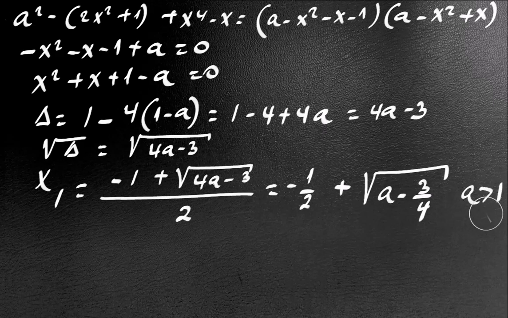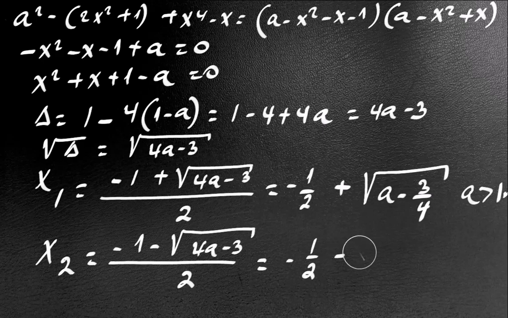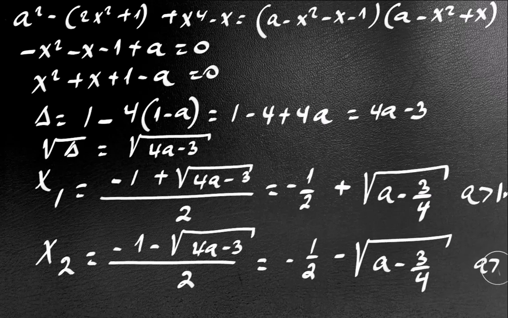Okay, a greater than 1. So for the second one, we will get x2 is equal to minus 1 minus square root of 4a minus 3 over 2, is equal to minus 1/2 minus square root of a minus 3/4. Again, a greater than 1. So we have the first two roots.